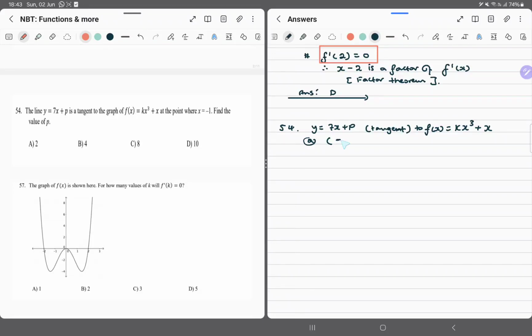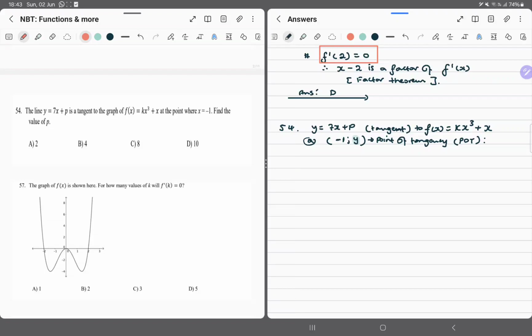So x is minus 1 and some y value that we may need to find out. Okay, so we've got a point of tangency here. This literally is the point of tangency, which I would like to introduce to you as the port.